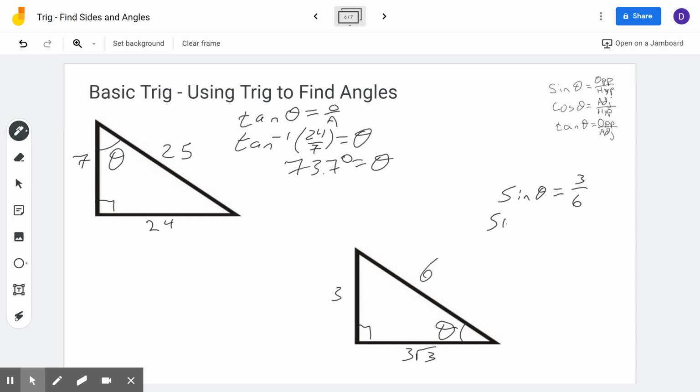Therefore, we're working with the arc sine of 3/6, which reduces to 1/2. So let's plug that into the calculator. 1/2, which is 0.5, and then do the arc sine, and you get 30 degrees. 30 equals theta.